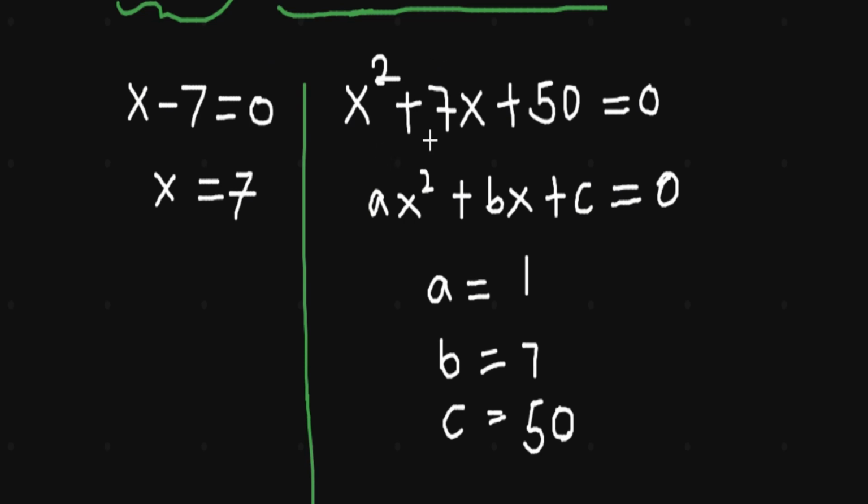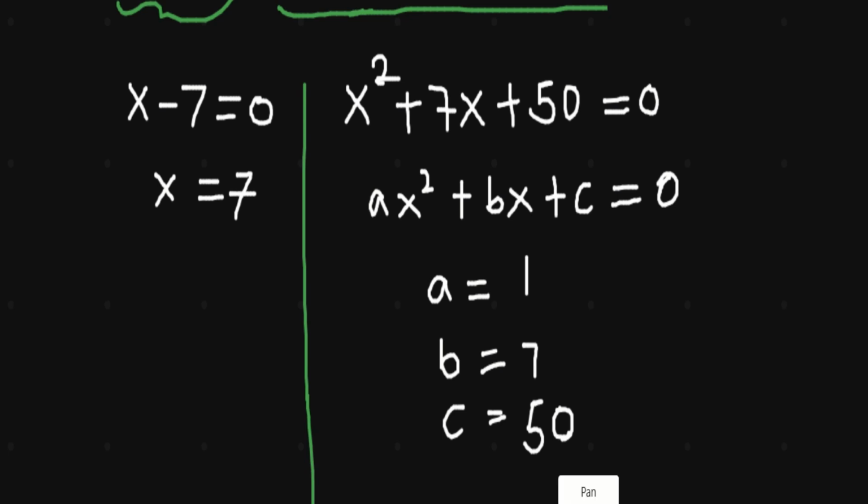So here x square plus 7x plus 50 is equals to 0, we need to simplify this equation to get the other two solutions for x here. This equation is in the form ax square plus bx plus c is equals to 0, where we can consider a as 1, b is equals to 7, and c is equals to 50 here.